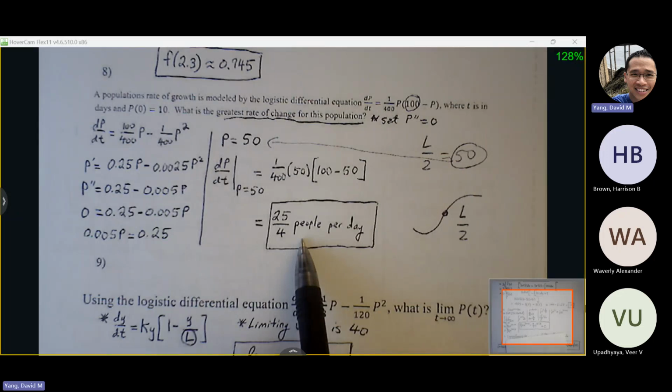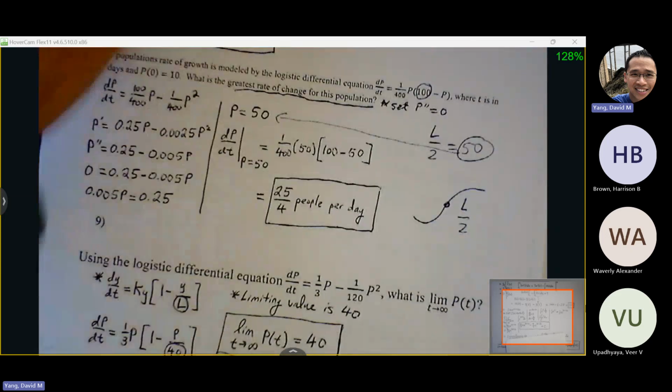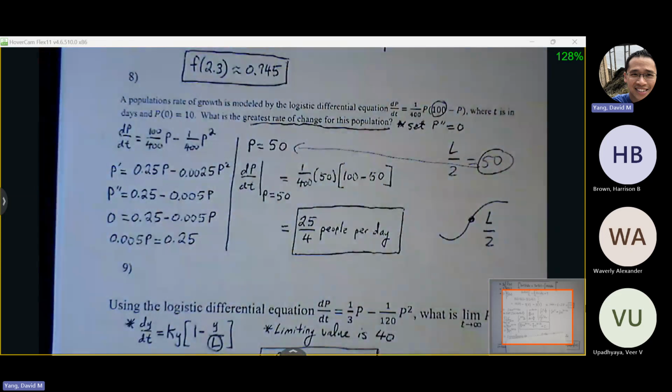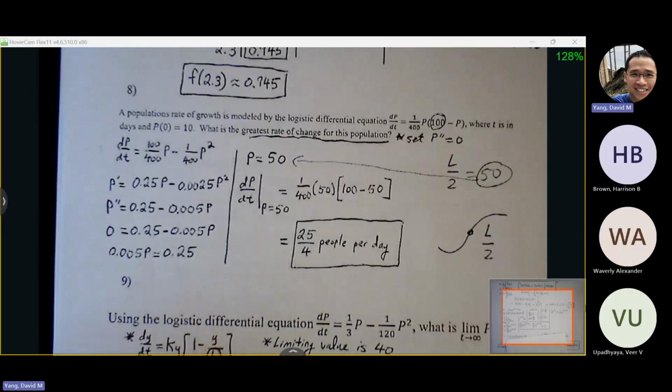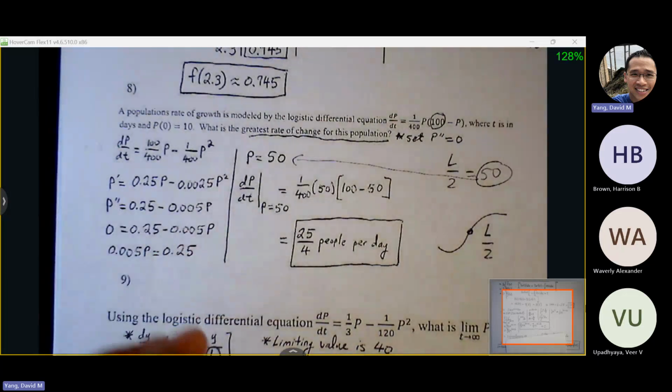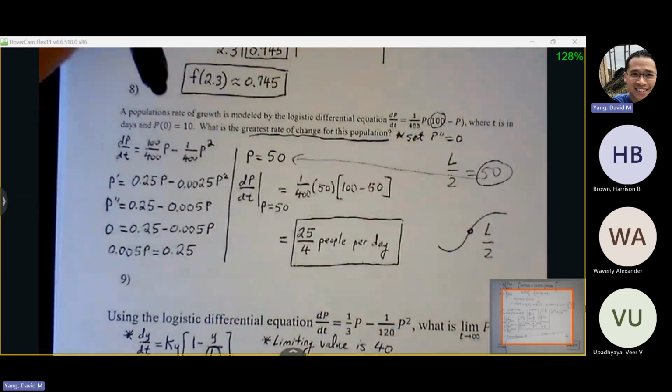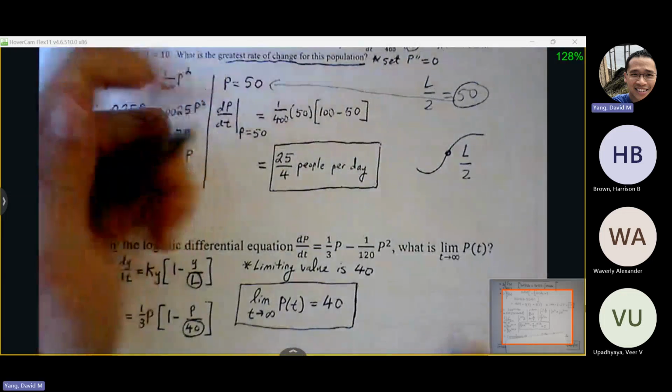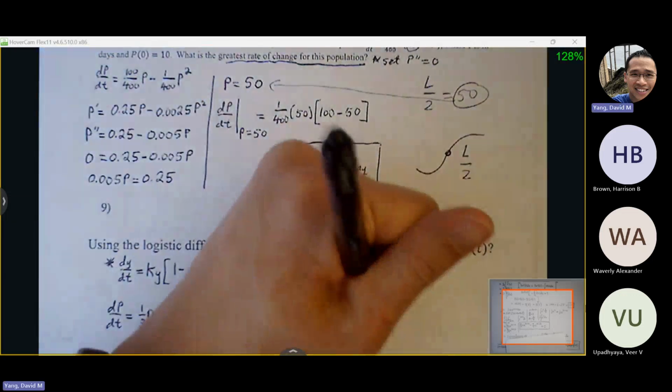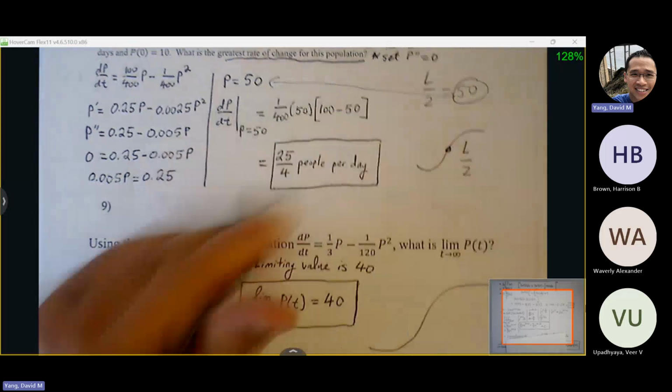Can you explain the whole equation conceptually, like what K, L, and Y mean? So really the most important thing is understanding that your L is your limiting value. It's kind of your greatest possible population. And your graph is always looking like this.